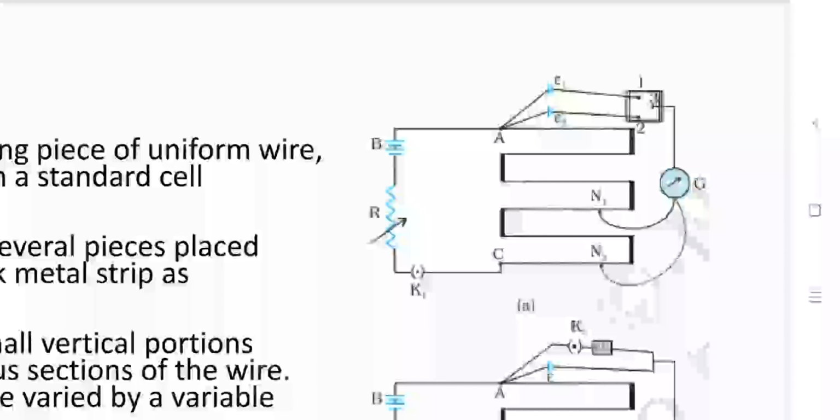A to N1 is the wire length, through the galvanometer, point 3 of the switch, point 1 of the switch, since 1 and 3 are now connected. So epsilon 1 comes into the picture at point A. In that loop, applying the loop rule, phi is the potential drop per unit length of wire, so the total potential difference up to point N1 is phi L1. The galvanometer has 0 potential difference, minus epsilon 1 equal to 0. So my equation becomes epsilon 1 equal to phi L1.